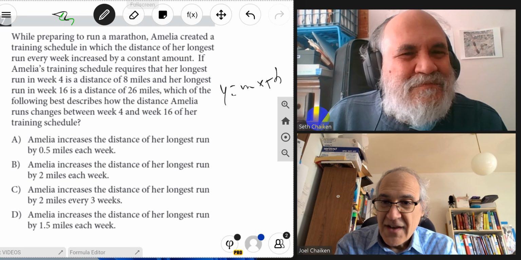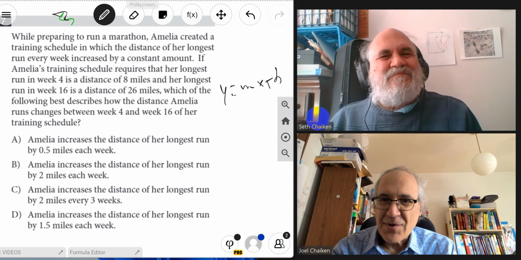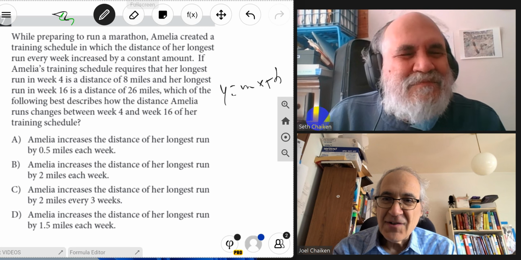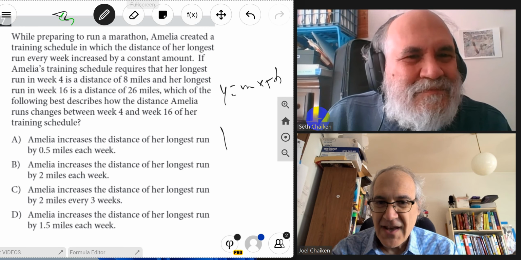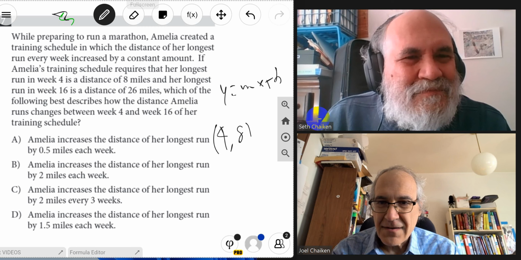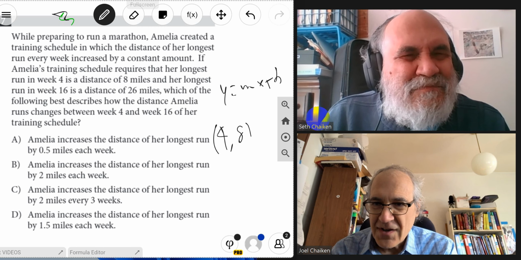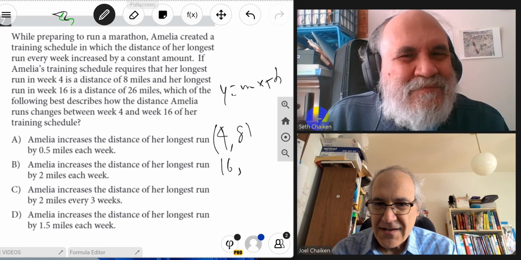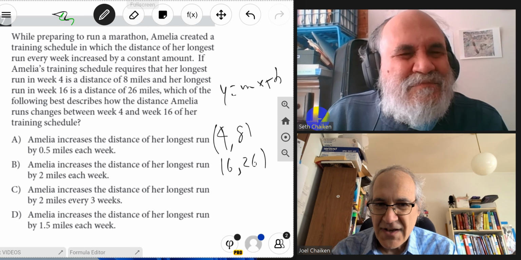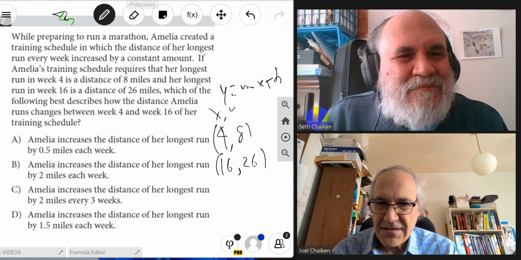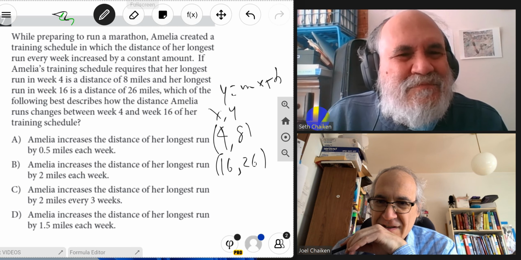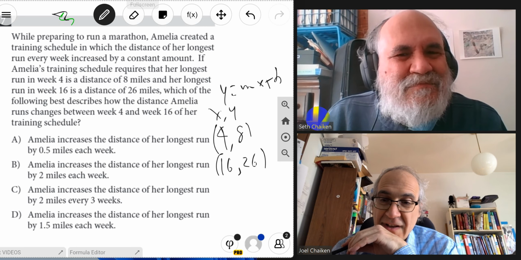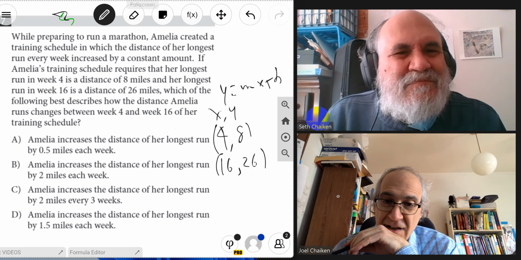If Amelia's training schedule requires that her longest run in week 4 is a distance of 8 miles, and her longest run in week 16 is a distance of 26 miles, which of the following best describes how the distance Amelia runs changes between week 4 and week 16 of her training schedule?